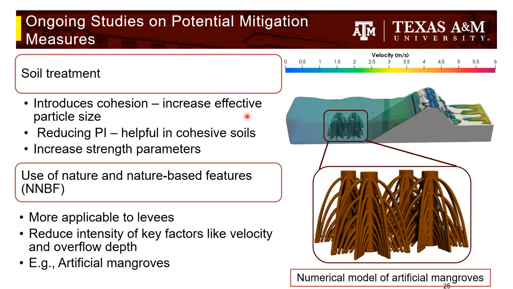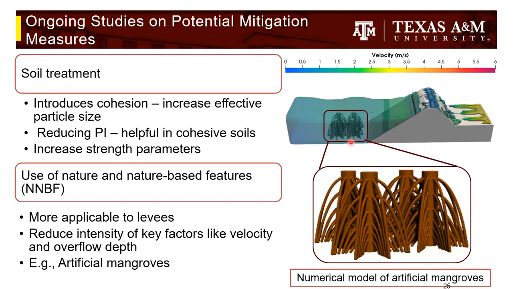By that, if we can create a cohesive layer in front of the infrastructure, like in front of foundations or levees, that will be more resistant to bed shear stresses, and in that way it will be less prone to erosion. At the same time, because of the chemical treatment, it will also improve the strength and might overall improve the stability of the levees.